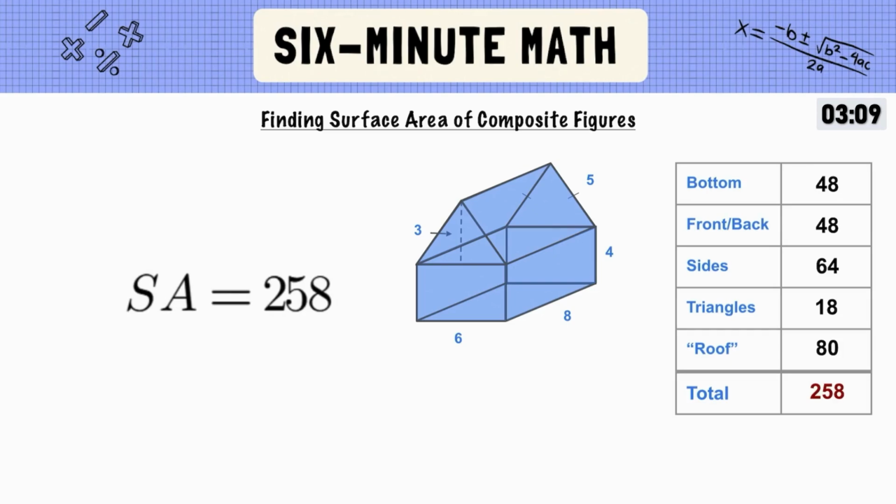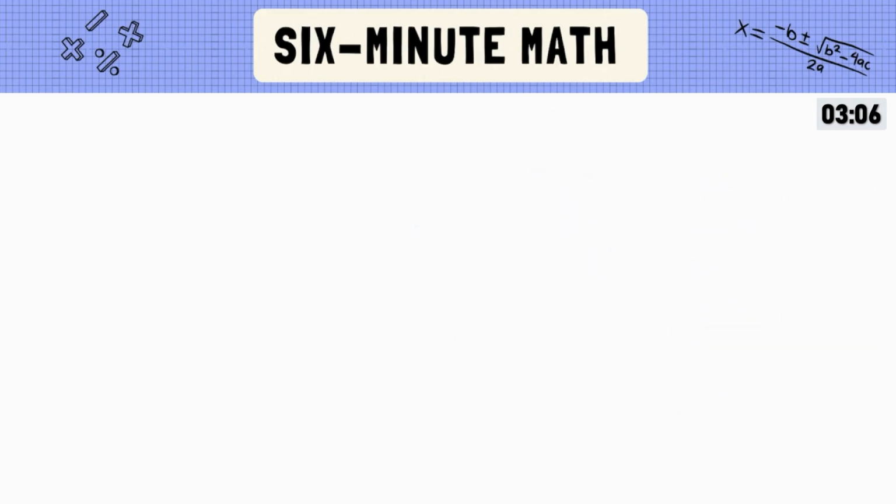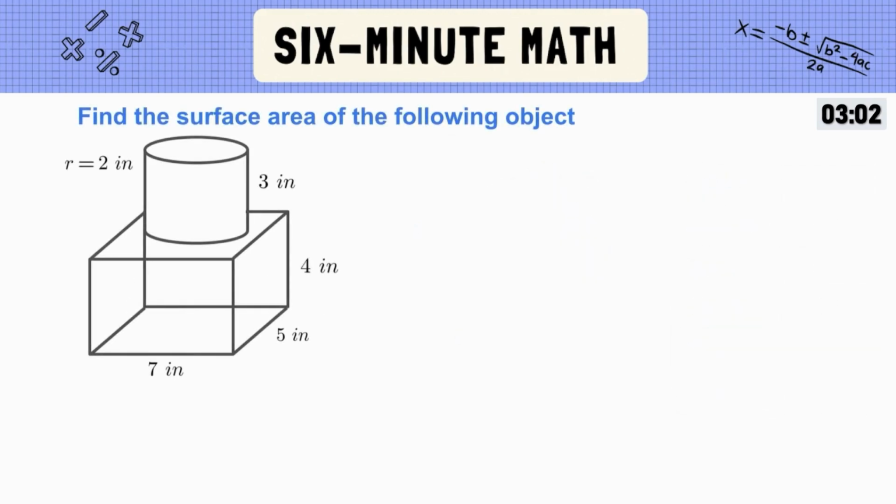So let's do some examples here. Our first example, we are going to have a rectangular prism with a cylinder, and I'm going to have my two surface areas. So we're going to plug our numbers into both of those formulas. Let's do the rectangular prism first. We have width, length, and height.